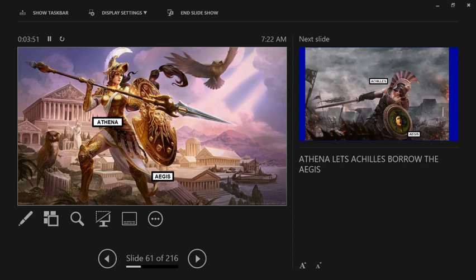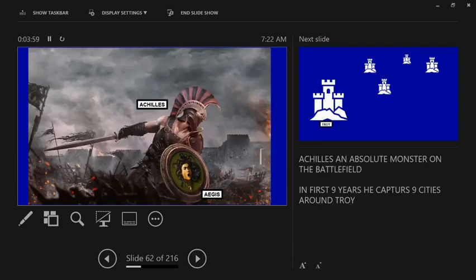And most often, though, it's on... In fact, you can see Medusa's head right there on her breastplate. The Aegis is usually a breastplate, but in this case, it is a shield. We're now deep in the Trojan War. And Achilles is an absolute monster on the battlefield. He kills Trojans left and right. He kills them by the dozens.